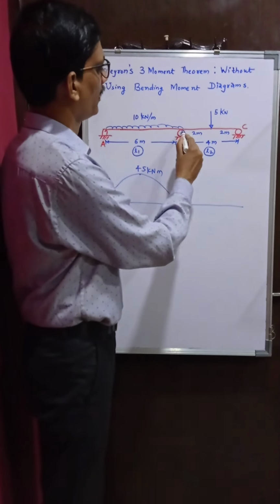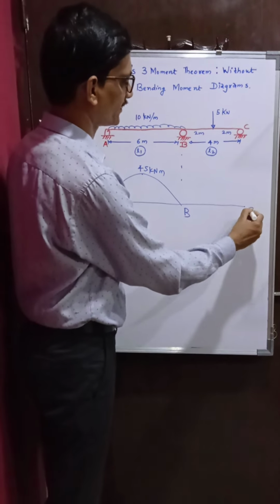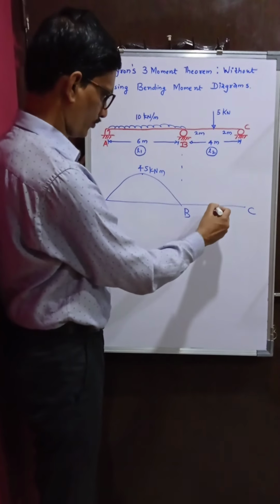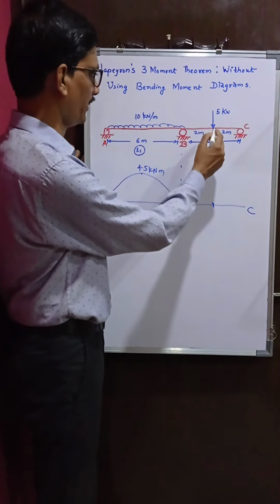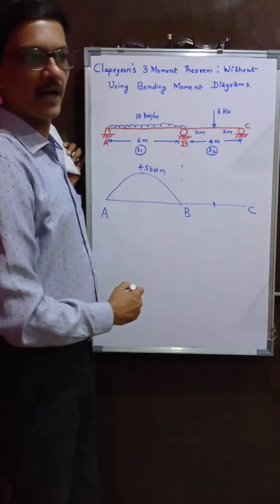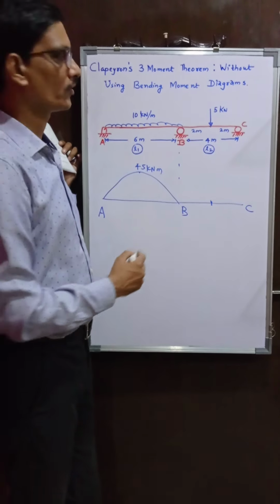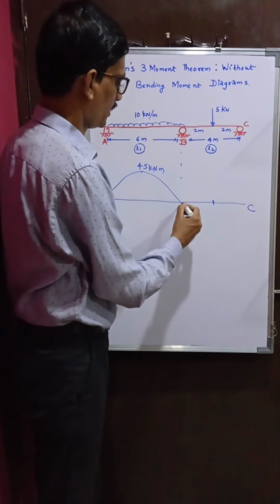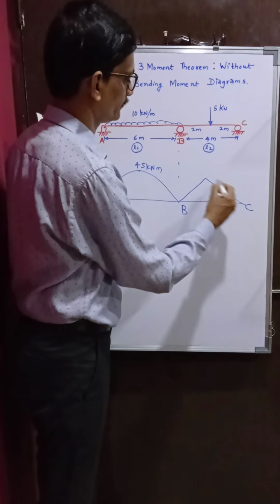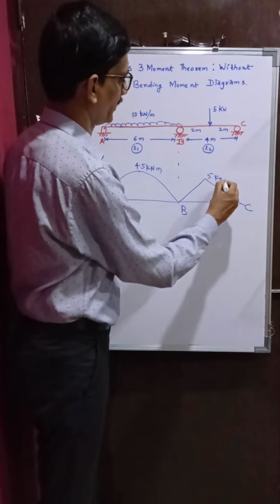Now here again for span BC, considering it as simply supported, the maximum bending moment will occur under this point load, and we know that for the central point load it is WL by 4. So it is 5 into 4 by 4, again it is 5 only. So it is 5 kilonewton meter.